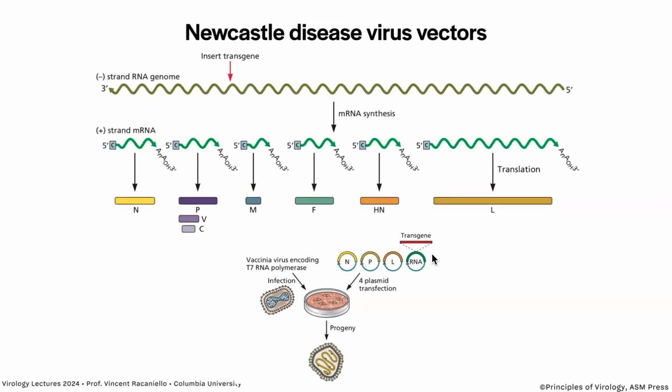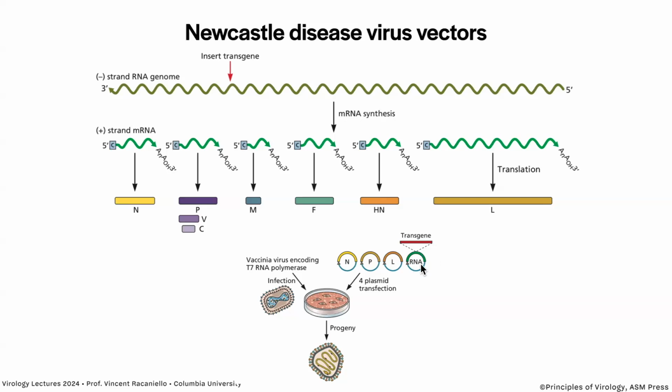And finally, Newcastle disease virus. This is a paramyxovirus with a negative strand genome. It's an envelope virus, which is a pathogen of chickens. And so farmers have been using this to immunize chickens for many years. But now it's been modified to carry a transgene. And typically what you do is you insert the transgene between the P and the M proteins here.